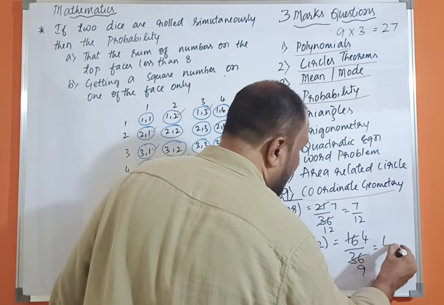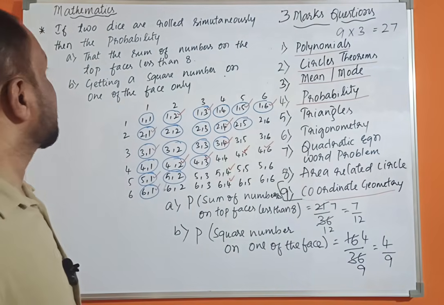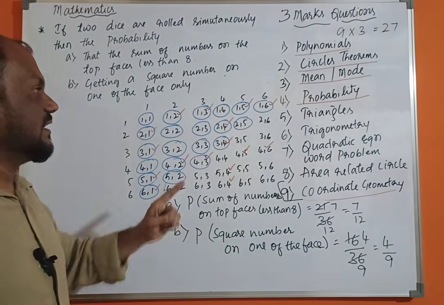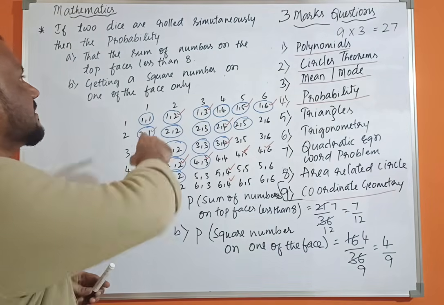So your answer should be 4 by 9. So this is a very simple sum. There are two dice rolled. You will get 36 results. In that there are two things you need to find out.